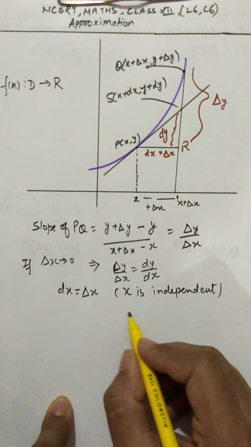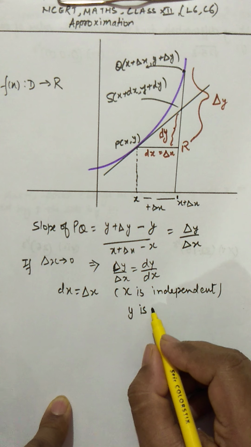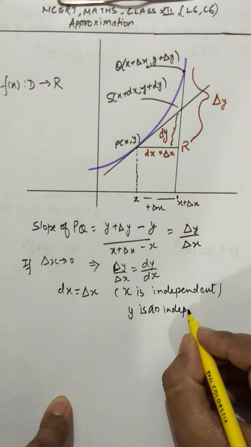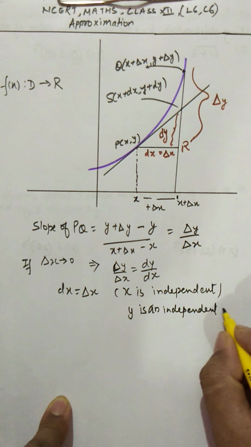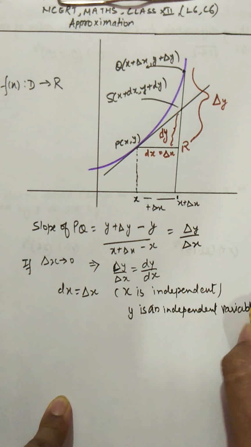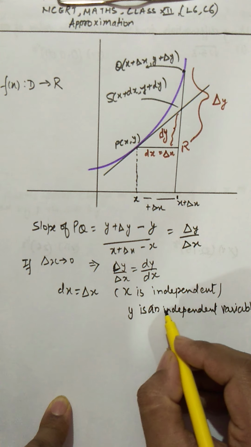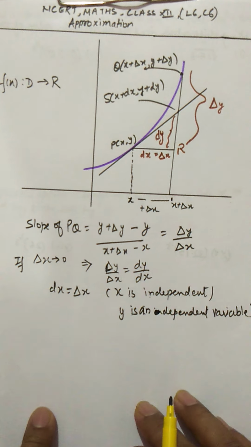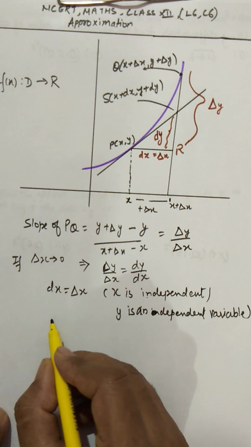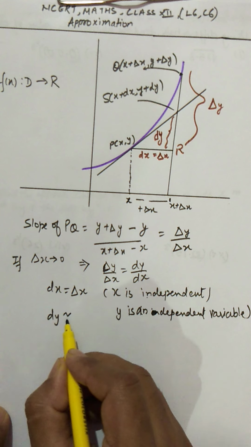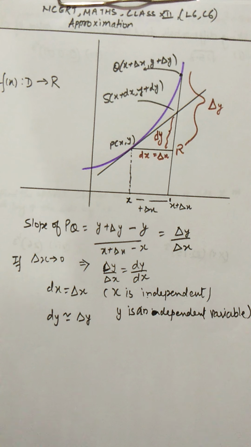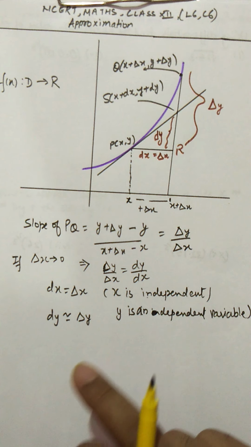But y is a dependent variable. So the change dy is going to be the approximate change in y.